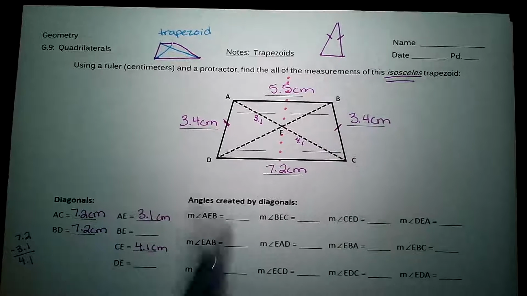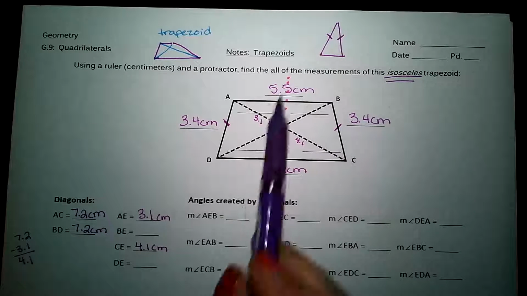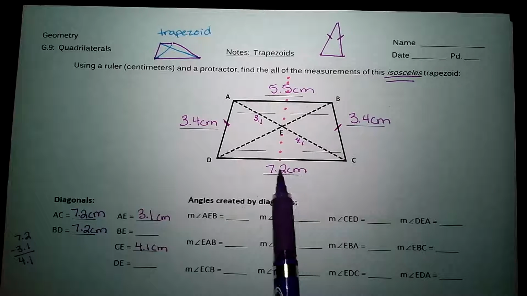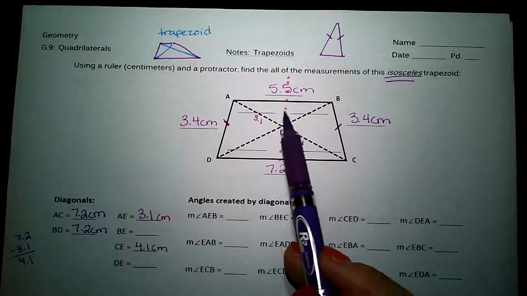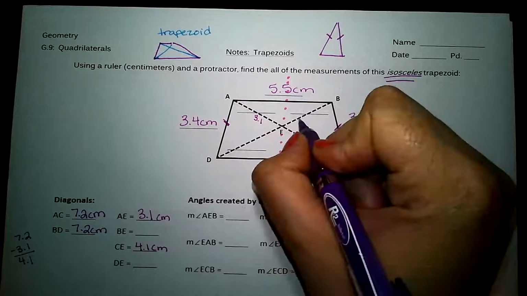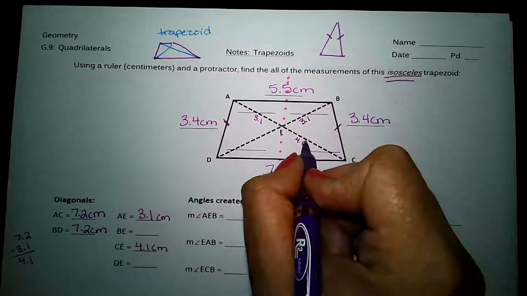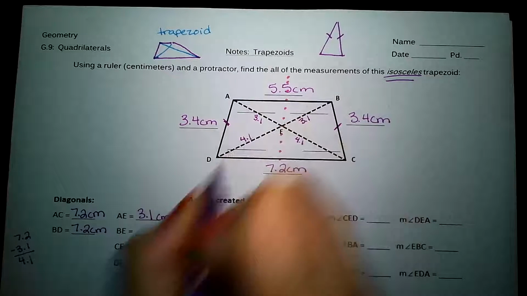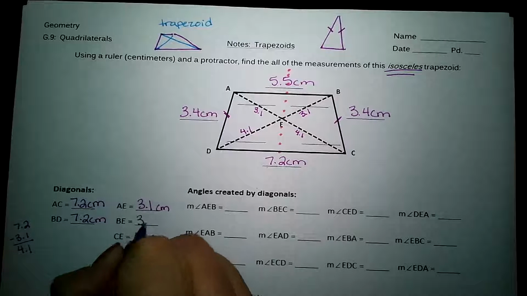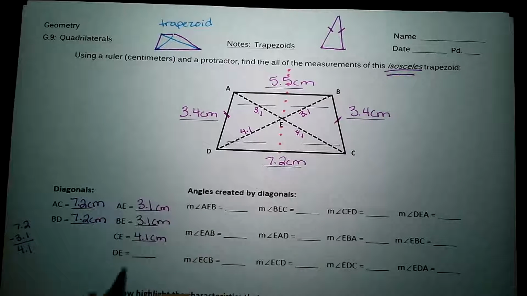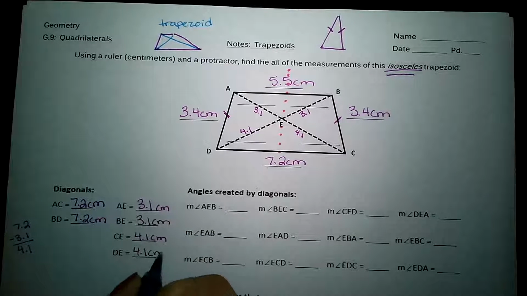Let's not, hold on. Let's use some symmetry. If this pink line of symmetry is running through the shape, then 3.1 should flip across, and 4.1 should flip across. So BE, 3.1 centimeters, DE, 4.1 centimeters.